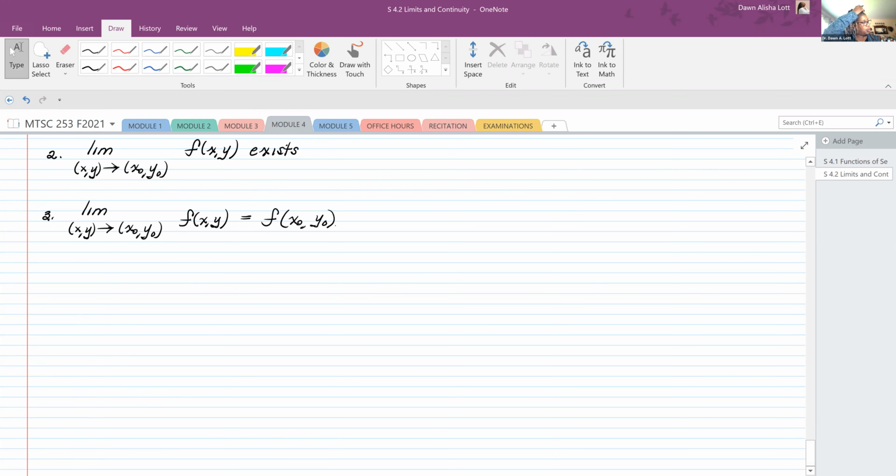So the functions that are the most difficult are, like before, quotients, rational functions, square roots, and logarithms.